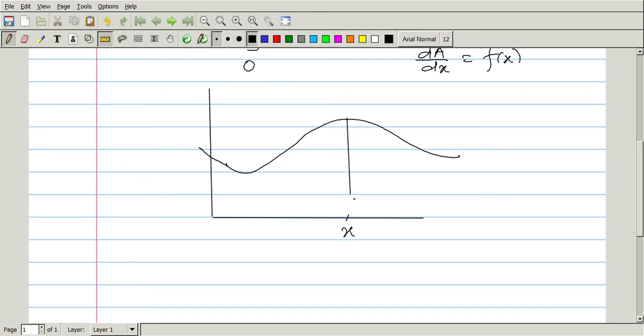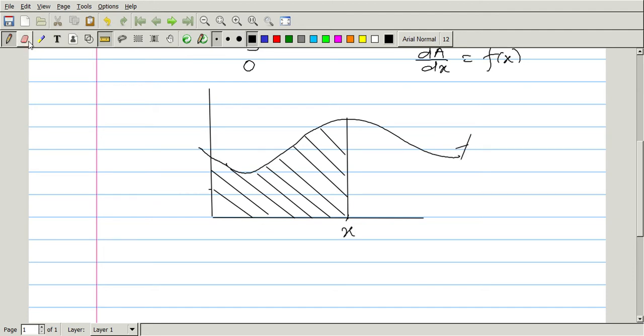I drop a perpendicular. So area function means what? The value of the area to the left of x, that means A of x. Whenever I say A of x, it means area to the left of x. This is the function f of x.